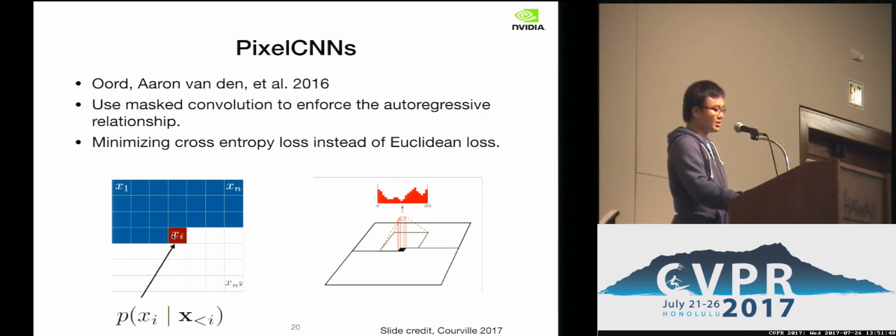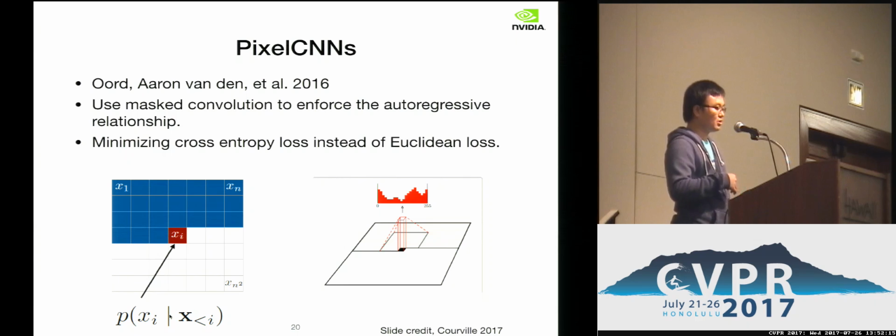So for generating this center pixel, it will condition on all of these blue pixels. And the shape of the pixels that this x_i conditions on is not a patch. It's irregular. But you can use a mask operation to implement this.